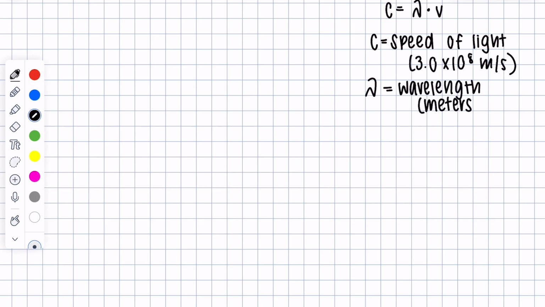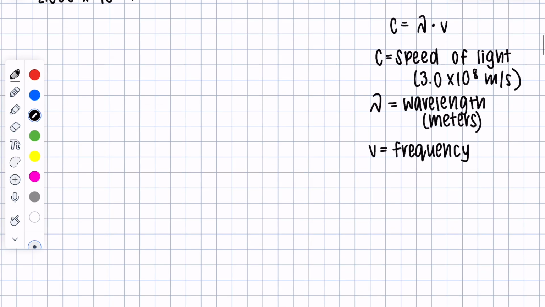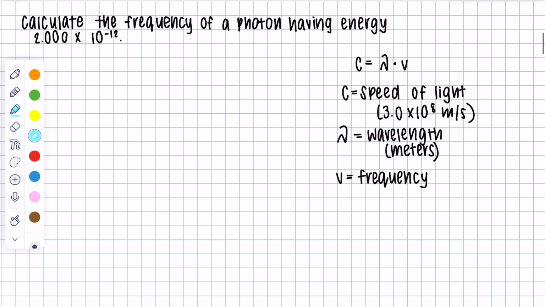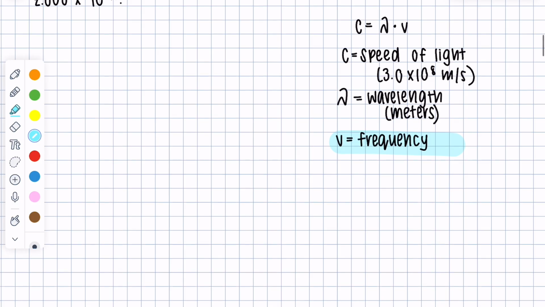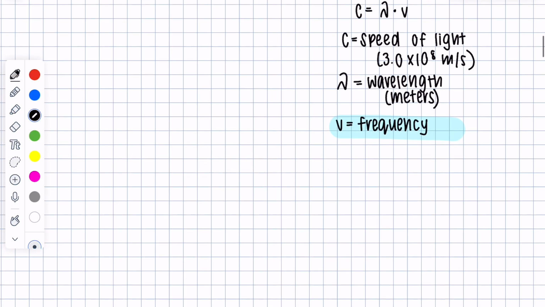Let's go ahead and make note of that. And then we have v, which is our frequency. And in this problem, it looks like we are calculating the frequency. So let's go ahead and highlight that. It's important to remember. And this was our first formula.